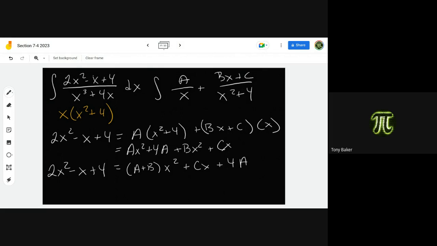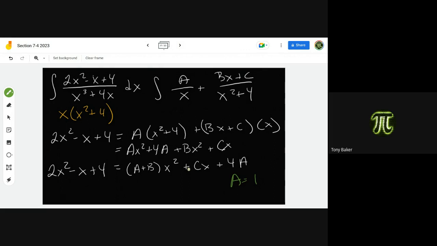So based on what I have right there, is there any letters that I can kind of figure out right now? 4a has got to be 4, right? So that means a has got to be 1. So a has to equal 1. Okay. What about c? Well, it's negative x over there and it's plus cx here, right?